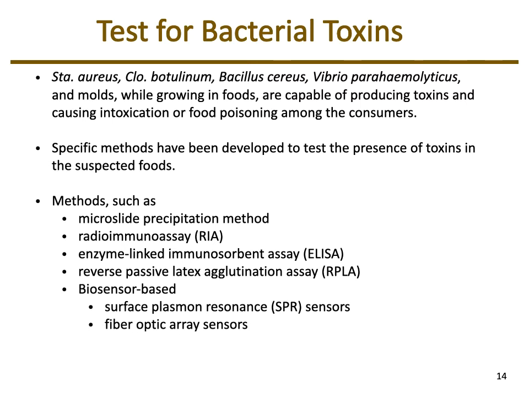There are also specific tests for bacterial toxins, and these would be quantitative. So is the microbe present or not? Generally, you might look at the concentration of toxins, but this doesn't always relate to how many microbes are present.